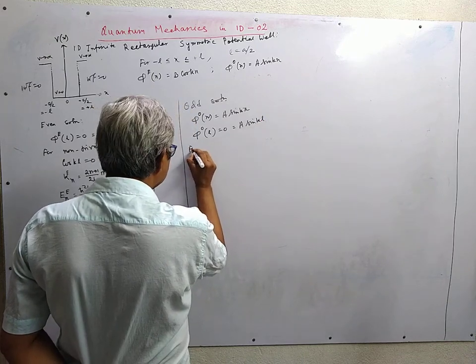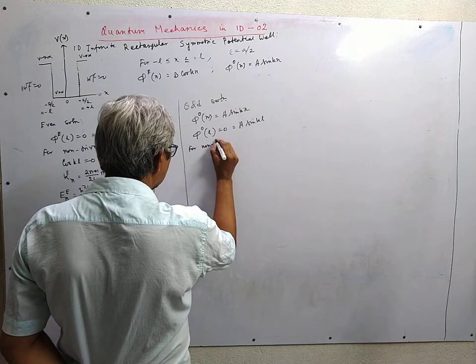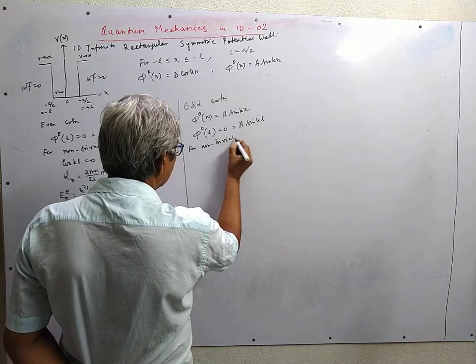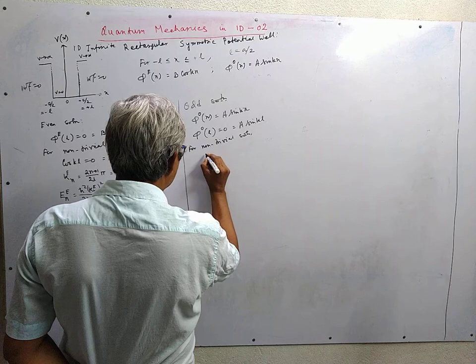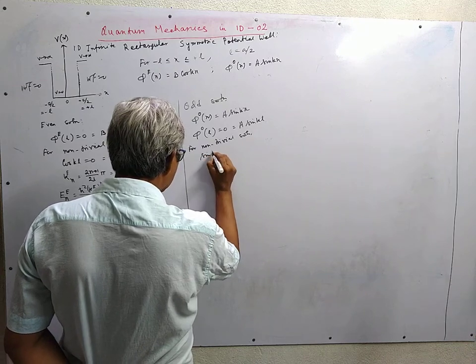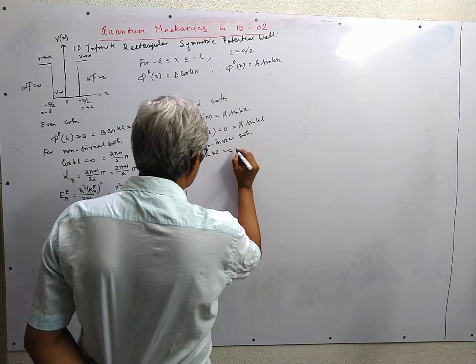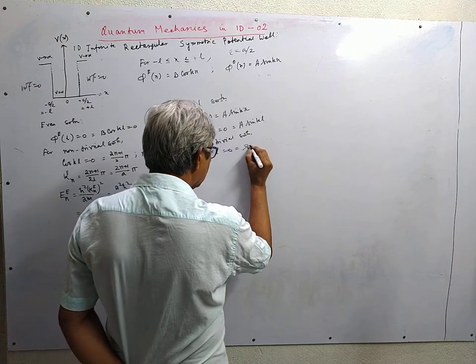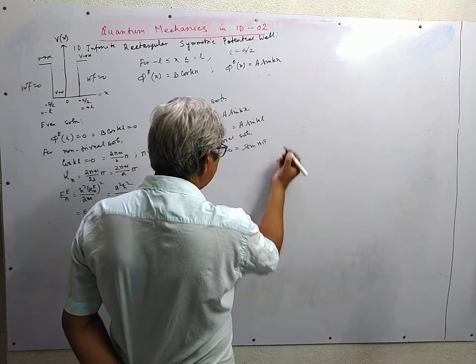For non-trivial solution, sine of KL is equal to 0, so KL is equal to n pi.